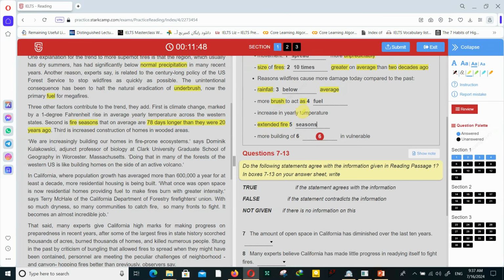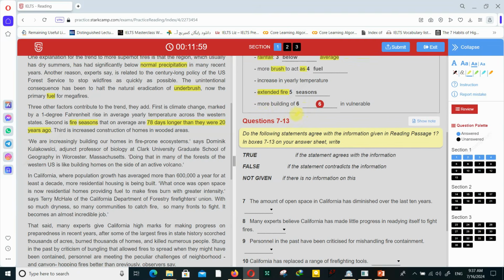You see, I'm finding the exact sentence which corresponds to these keywords. Then I'm writing my answer. More building of what? In vulnerable, actually there is a word after that, in vulnerable places, which is not written in this website. More building of what? In vulnerable places. Third is increased construction.